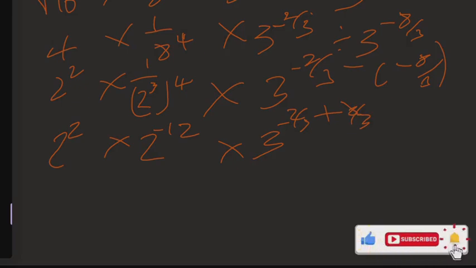Now we have this, so we're almost done. Since we have the same base here as well, we can rewrite this as 2 raised to the power of 2 plus, because based on the law we looked at, whenever we have a multiplication sign we add the powers. So 2 plus, open the bracket, minus 12.